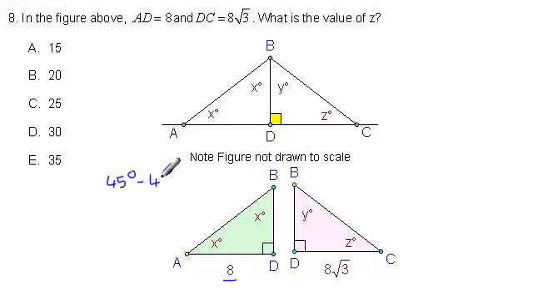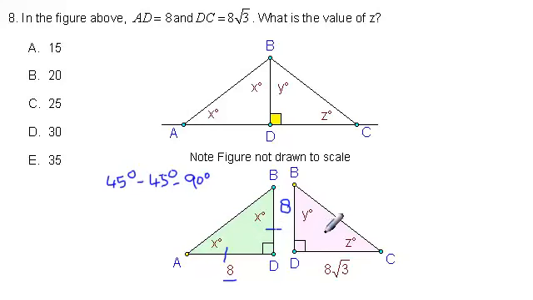This is a special right triangle, 45, 45, 90 degree triangle, and because these two angles are the same, we can also call this an isosceles right triangle. So if this side is given as 8, then this side is also going to be 8. So the two legs are the same, 8.